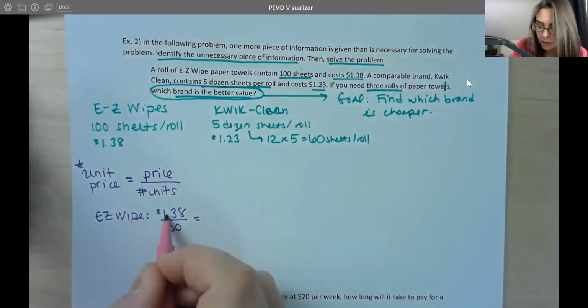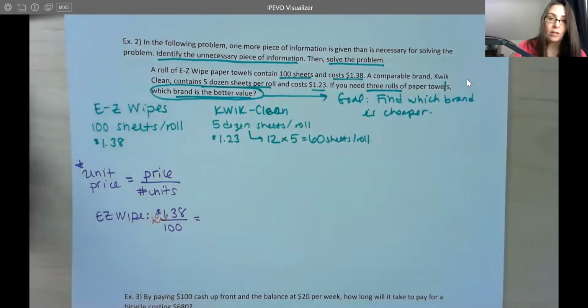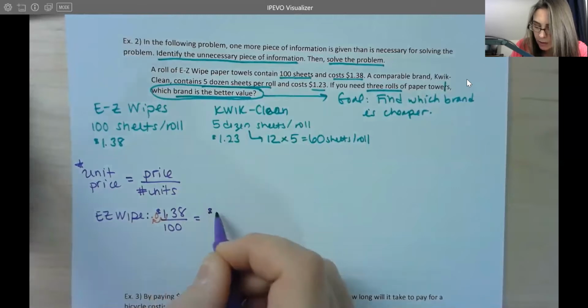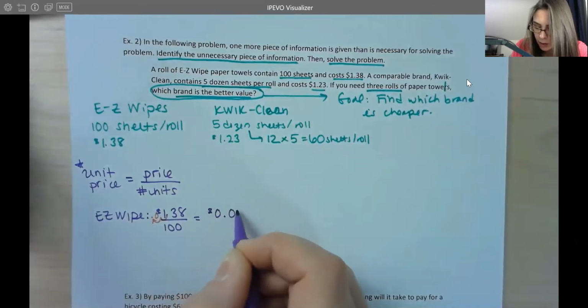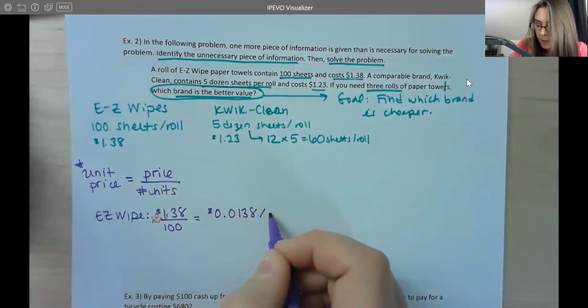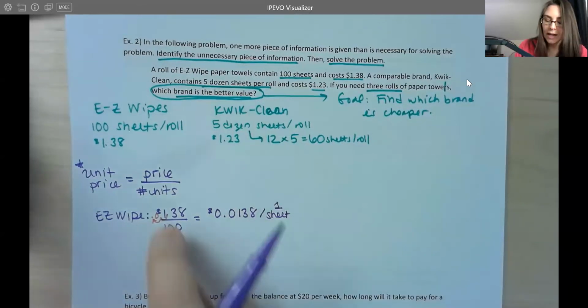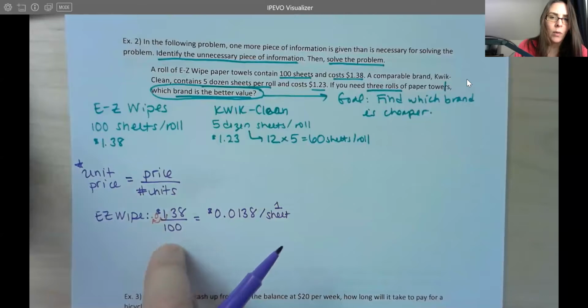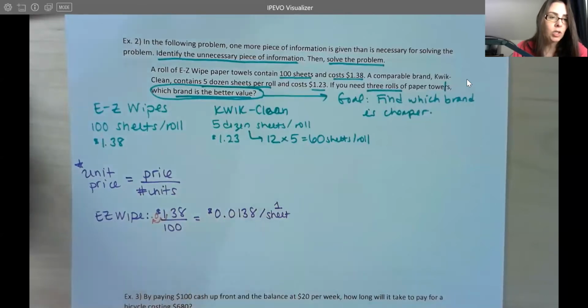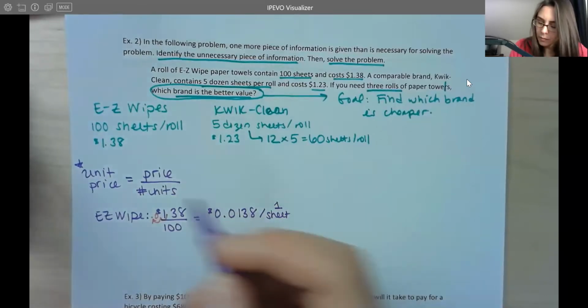We're going to take that decimal and move it 2 spots to the left. But if you don't remember that, just take out your calculator and you can do that. So it becomes 0.0138. And when we do that, it becomes per sheet. So per one sheet, because we're dividing this out, so that denominator is going away, it's becoming 1. So the cost here is about 1 cent per sheet, a little over.